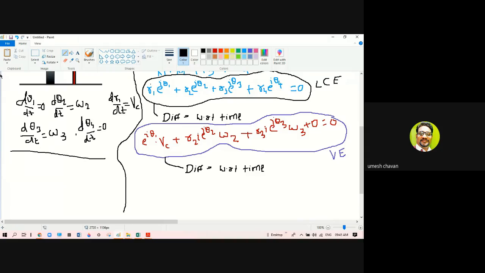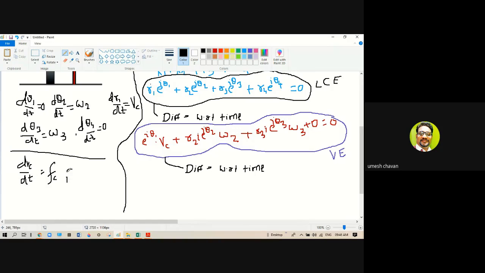See here, Vc is variable. So dVc by dt, the change in the velocity of the piston with respect to time, you call as Fc, the linear acceleration of the piston.